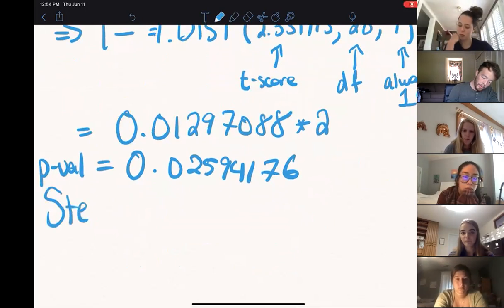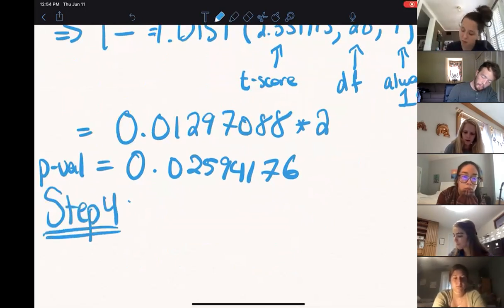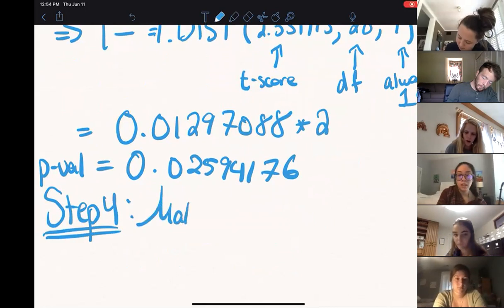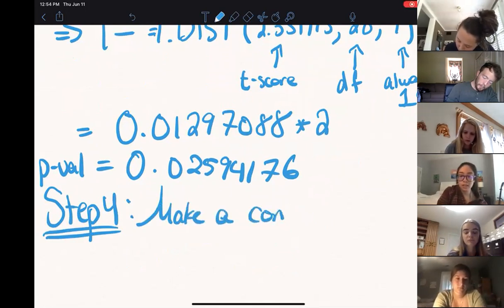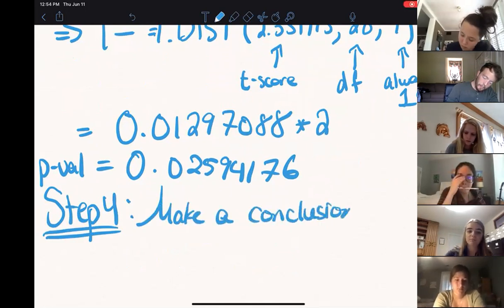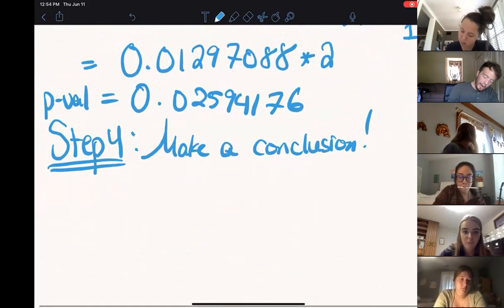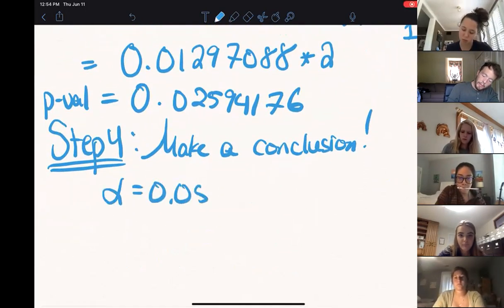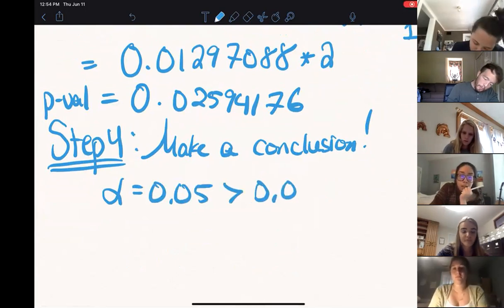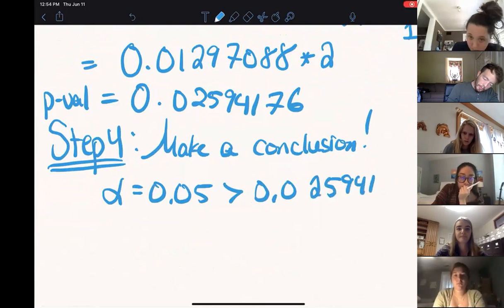And we go on to our final step, which is to make a conclusion. So our alpha in this case was 0.05. This is indeed greater than 0.02594176.